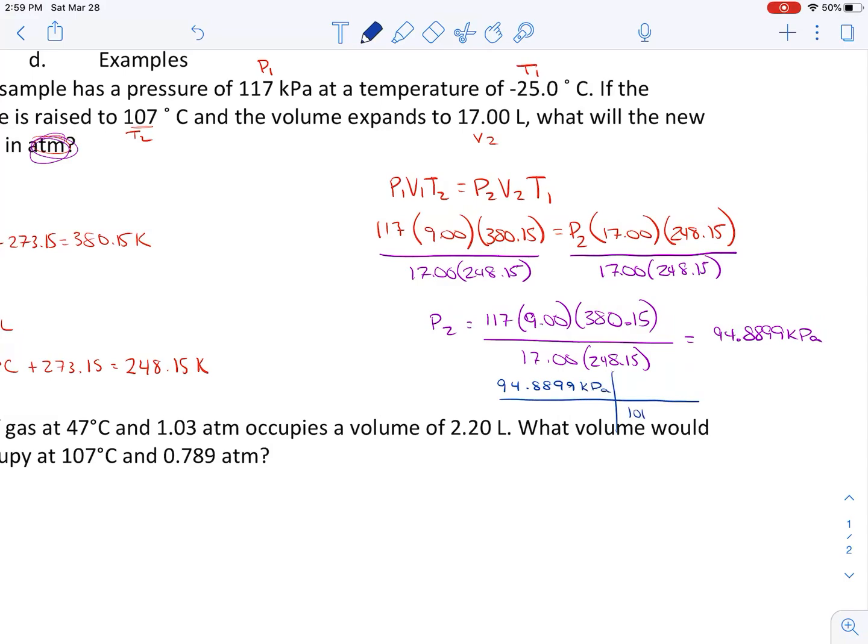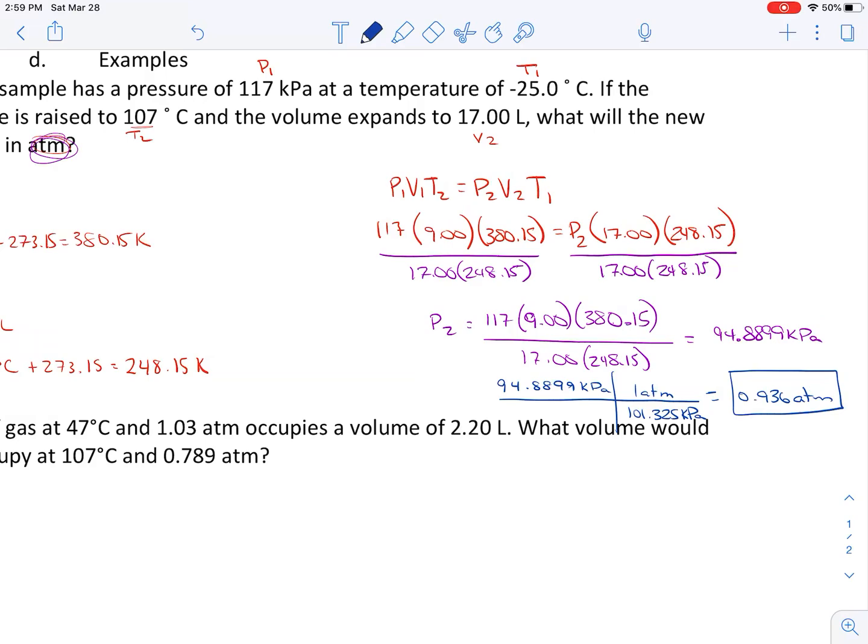And we've got 101.325 kPa, this is from the back of our periodic table, is equal to 1 ATM. So we're going to divide that number we got on our calculator by 101.325. And our answer in ATM with 3 sig figs is 0.936 ATM.